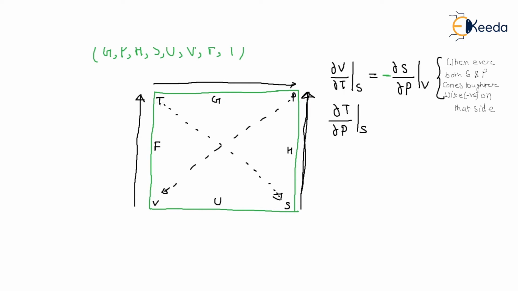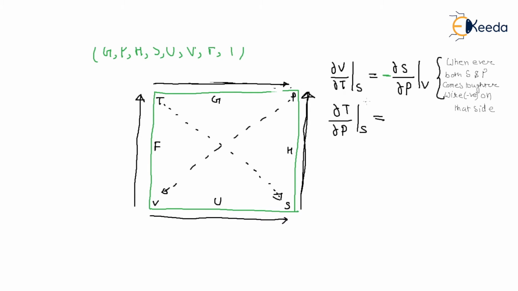So if you take ∂T/∂P, put a negative sign here, with constant S. Also draw a parallel line, same sense.